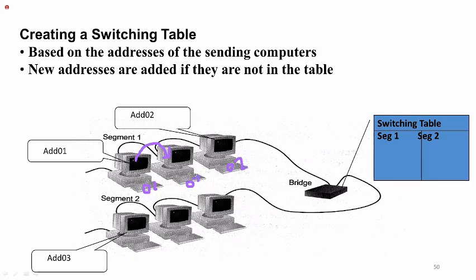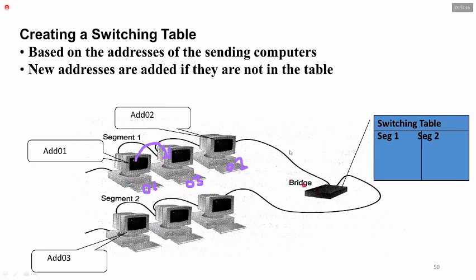Now 1 is trying to send a message to 3. That message will go to 3, to 2 and to the bridge. If it is a bus network or you are connected to a hub, that is what will happen. So this 1 to 3 message will come to the bridge also.